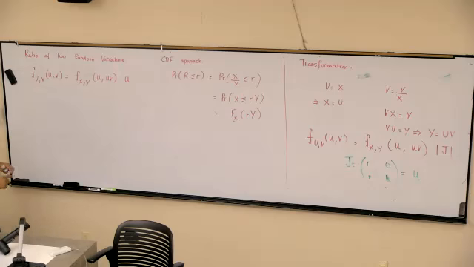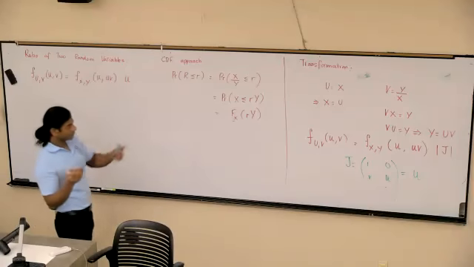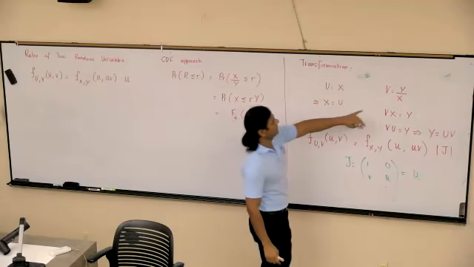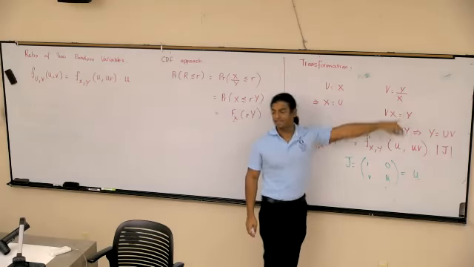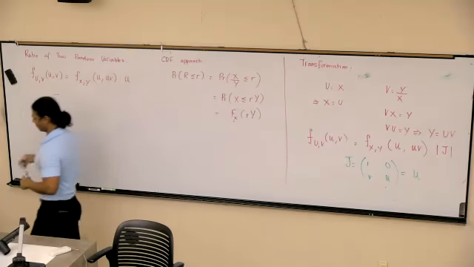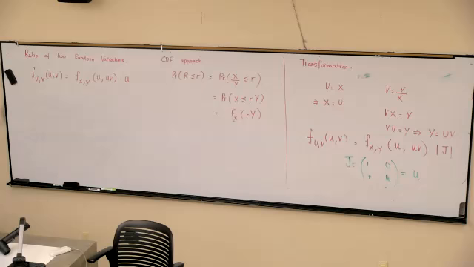But are we trying to find the joint distribution of U and V? No. We need to find the distribution of V, because that has the ratio of the two random variables. How do we find the distribution of V if you have the joint distribution of U and V?